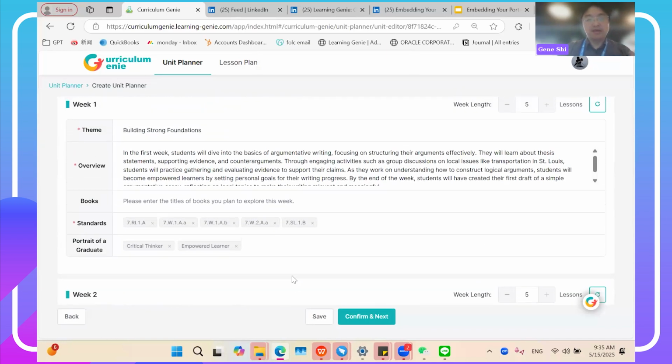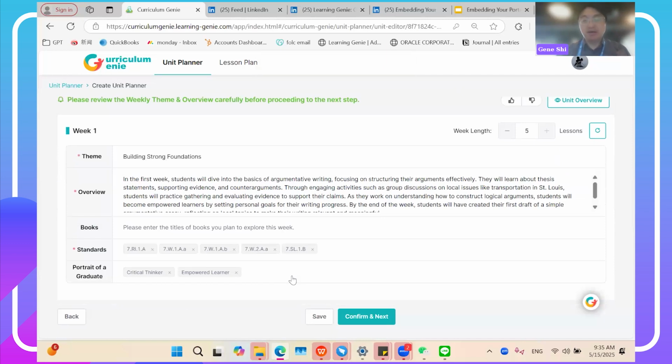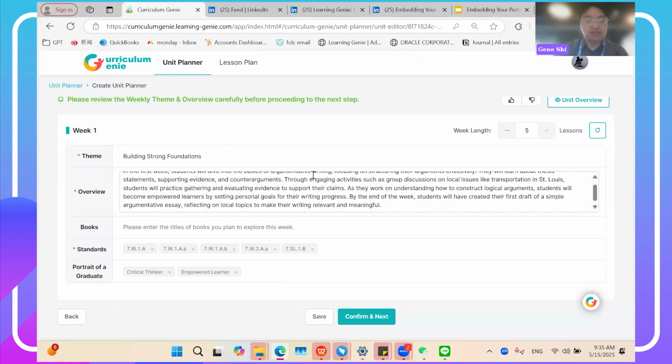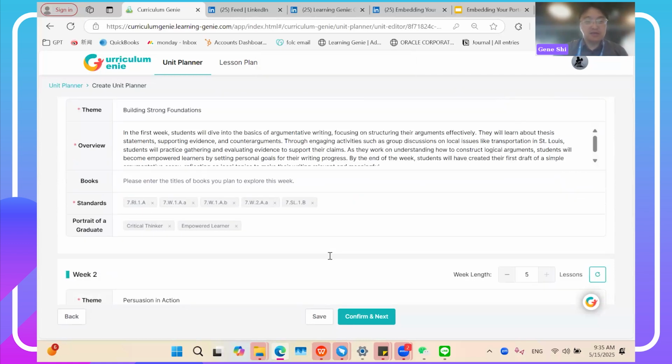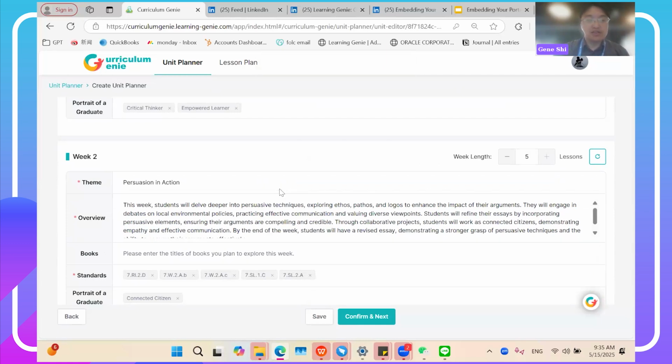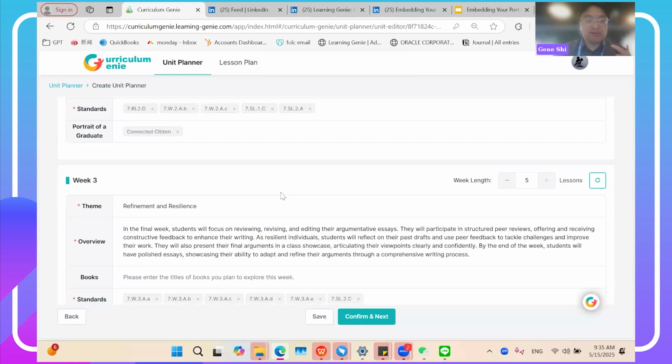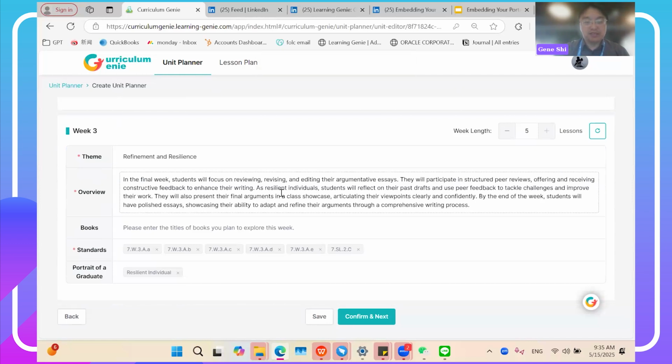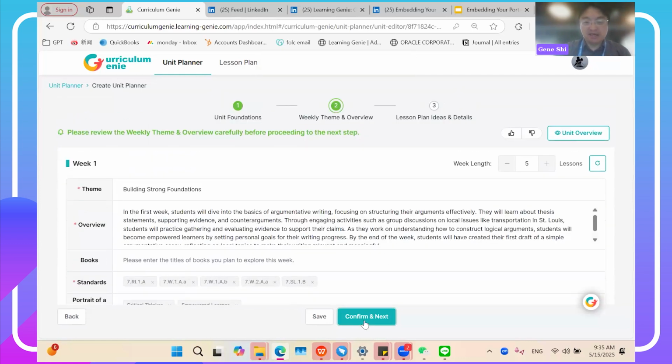So we spread that out. We can see how AI is doing that, but we are able to update that. Week one is building strong foundations, week two is persuasion in action, and week three is refinement and resilience. That's the weekly design of this unit.